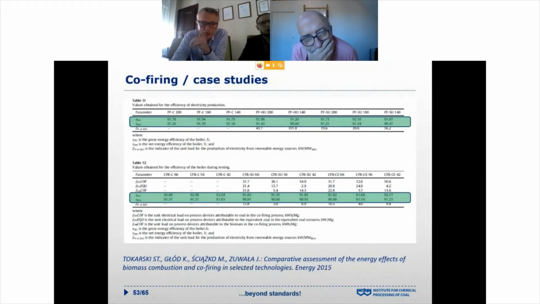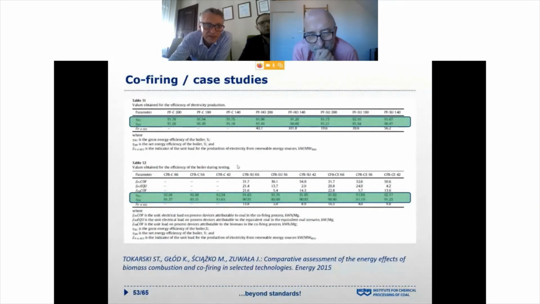If you want to dig a little deeper into this case, you can try to reach this paper. But I want to draw your attention to the comparison.